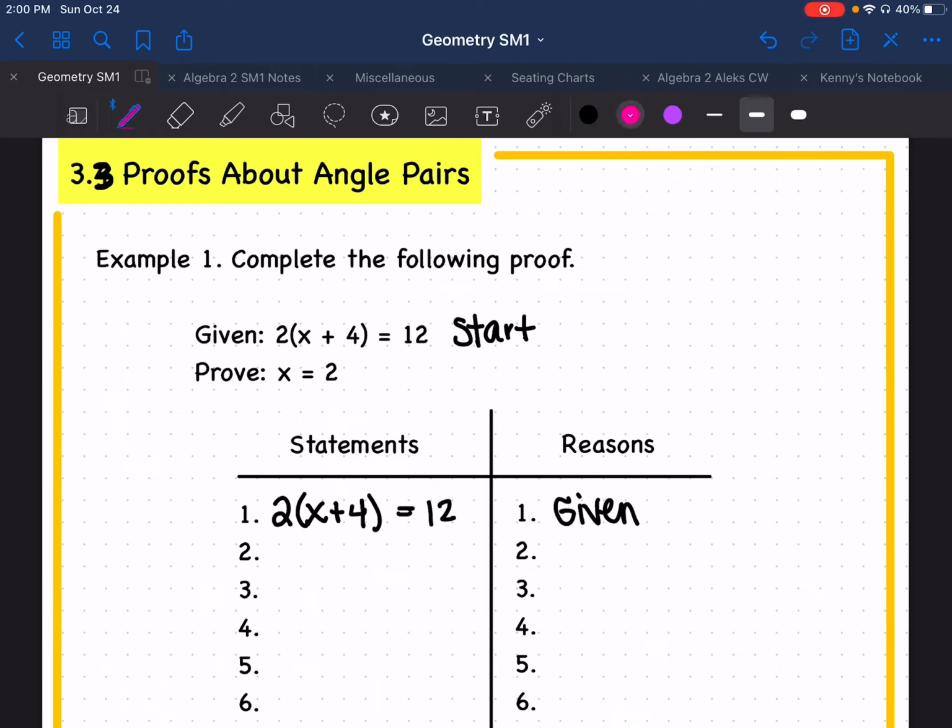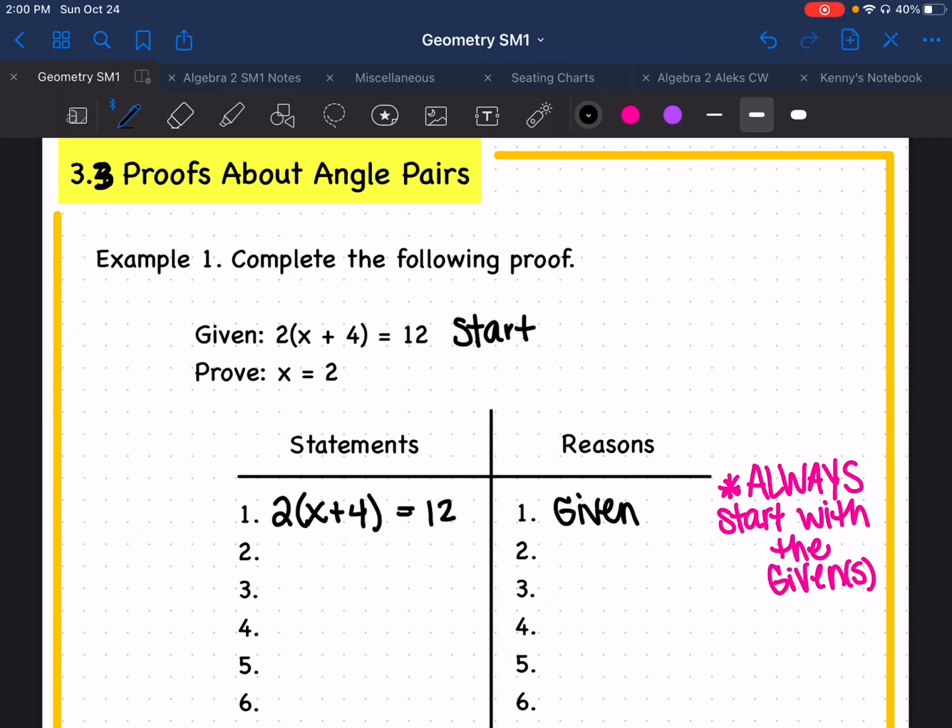Now, one thing I would like you to know is that every time you do a proof, you start with the given, or the givens sometimes, but you always start here. Always, always, always.